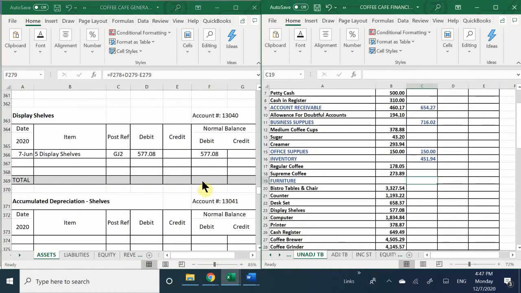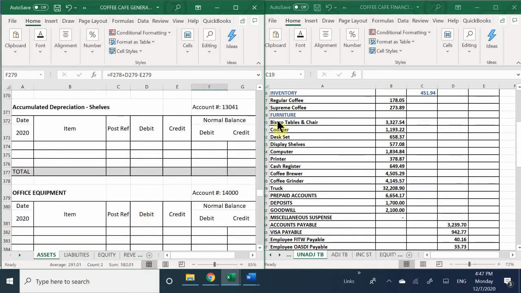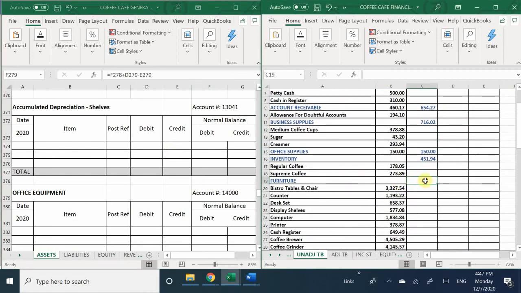Okay, so now that we know that all of those are going to be under 1, we're going to sum up that total in our furniture account. So furniture is going to equal sum, the total of my bistro tables, counter, desk, and shelves. And I should get 5,756.21.